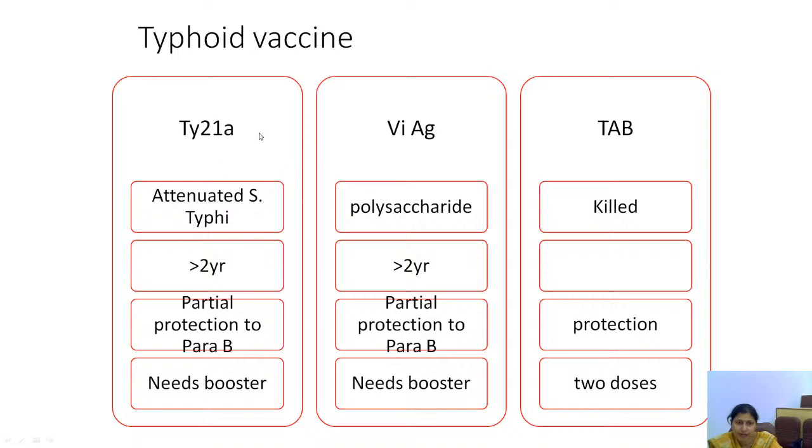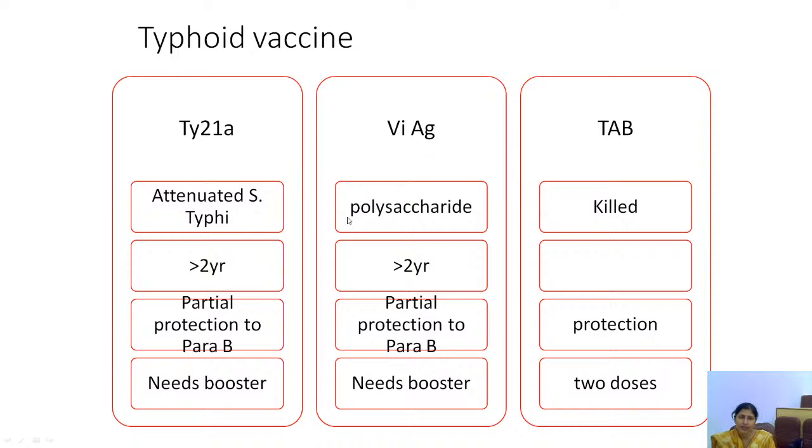Typhoid, we have 3 different types of vaccine. Ty21a is an attenuated vaccine where S. typhi has been attenuated. There is a certain gene deletion, the galE gene deletion, in this Ty21a strain, and it can be given to those more than 2 years, but it only gives partial protection to paratyphi A, and it needs a booster dose.